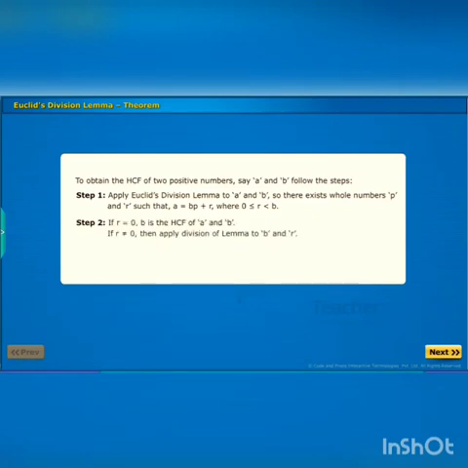Step 2. If r is equal to 0, b is the HCF of a and b. If r is not equal to 0, then apply the division lemma to b and r. Step 3. Continue the same process until the remainder is 0. The divisor that is obtained at this stage is the required HCF.